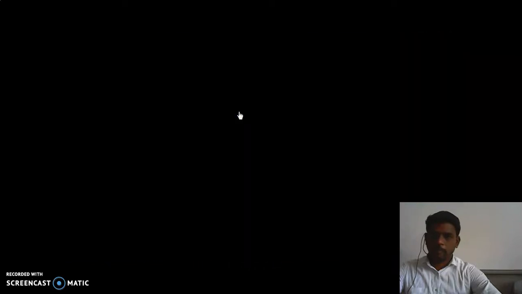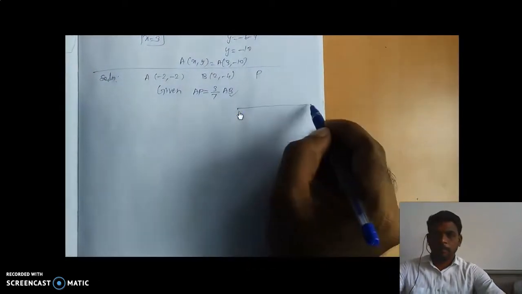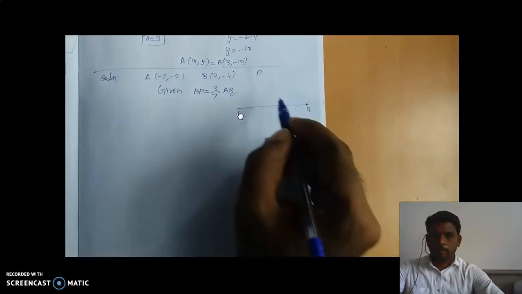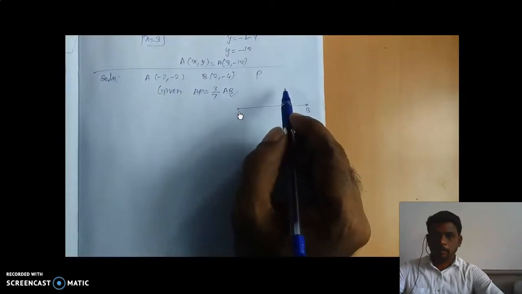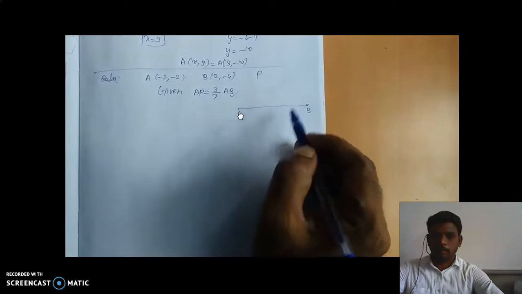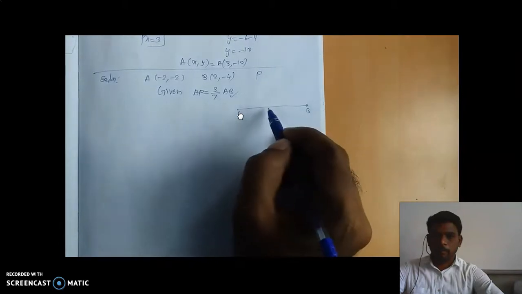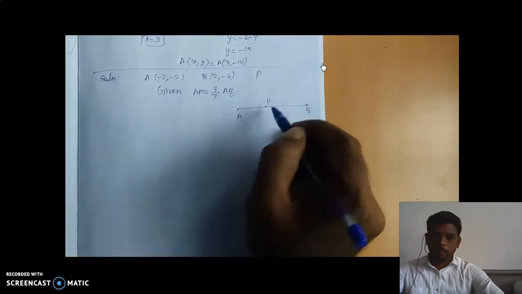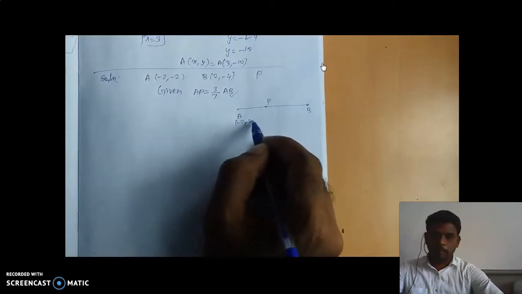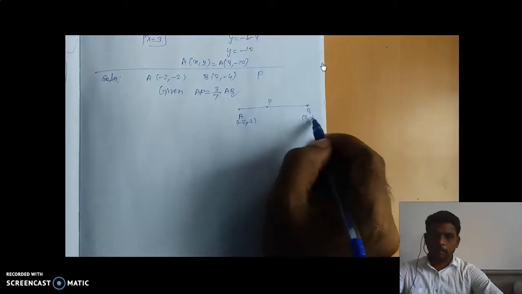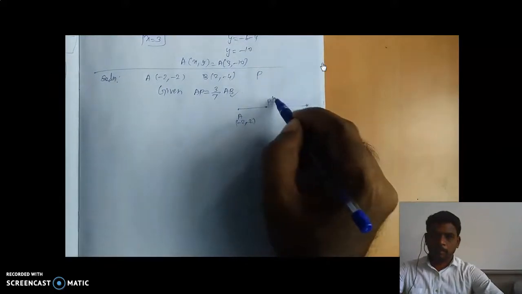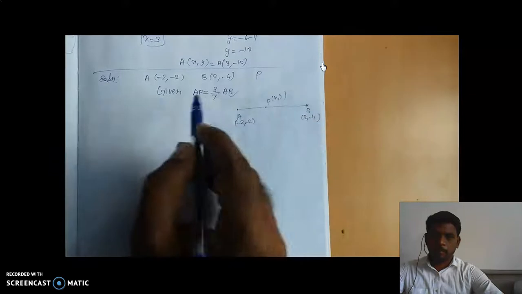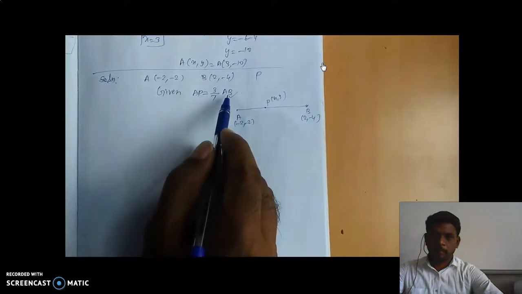For example, let us take this as the line segment AB. They said P lies on AB, so it may be anywhere. Let us take P here, P of (x, y). A is (-2, -2), B is (2, -4), and P is (x, y), with the given condition AP equals 3 by 7 into AB.